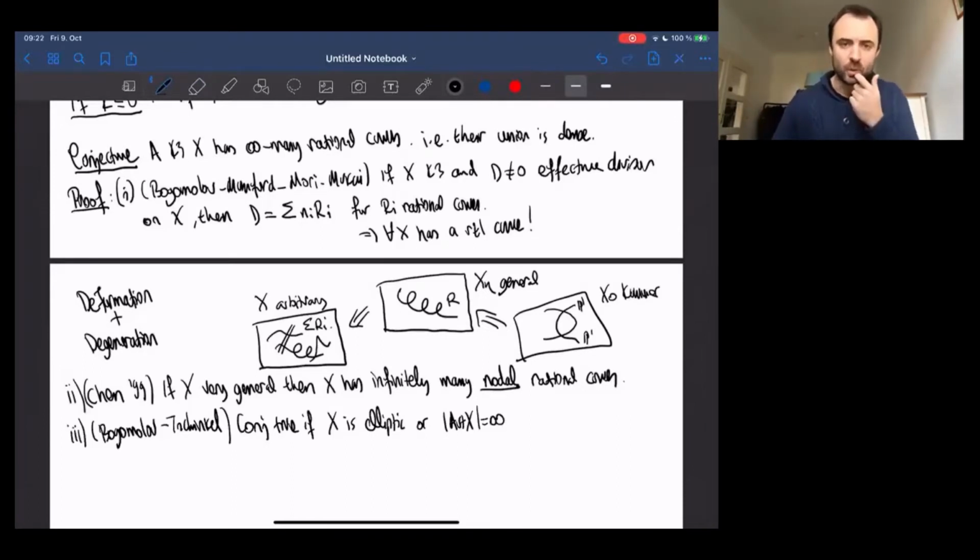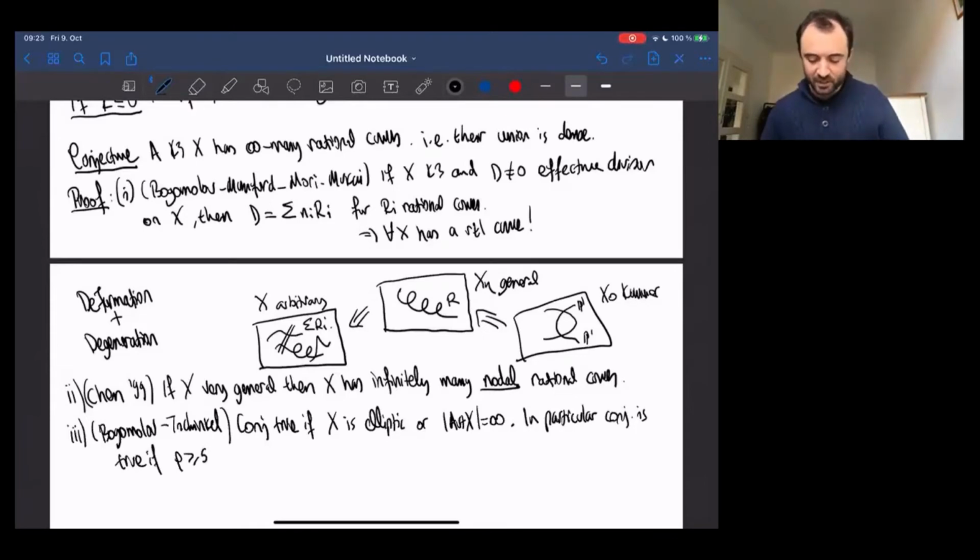Okay, so in particular, we know now that the conjecture is true if the Picard rank is at least 5.